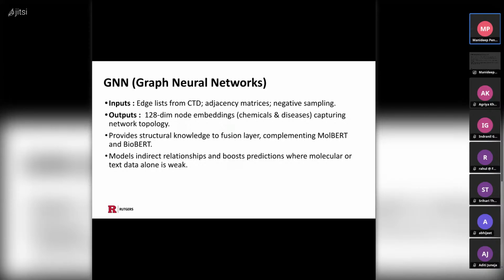That basically means it's just a one-dimensional vector with 128 values in it. This provides structural knowledge to the fusion layers. It models indirect relationships and boosts predictions where molecular or text information alone is weak.